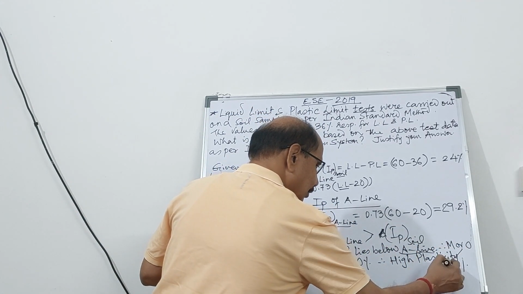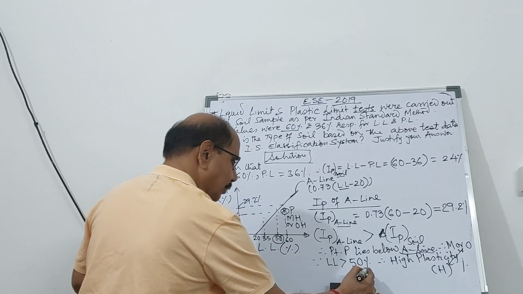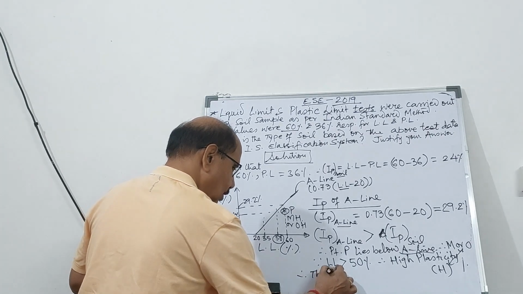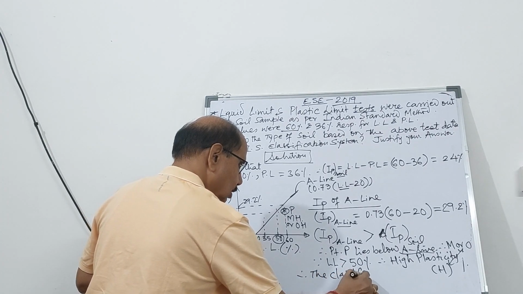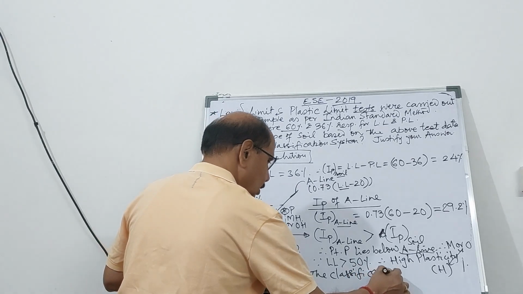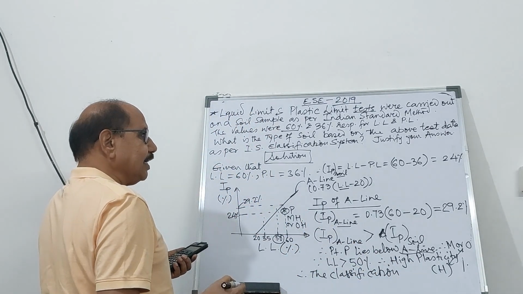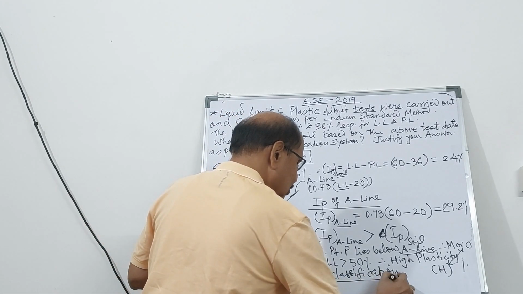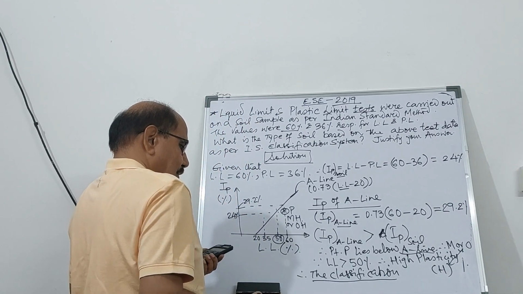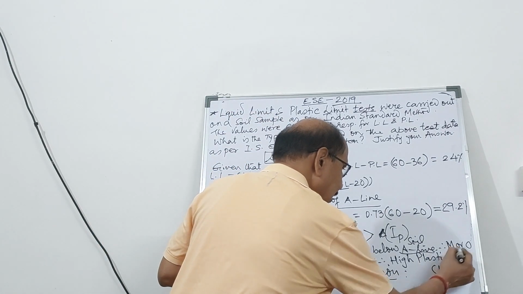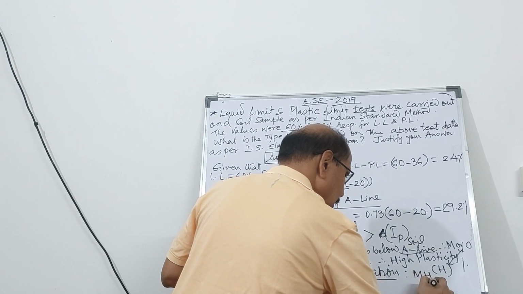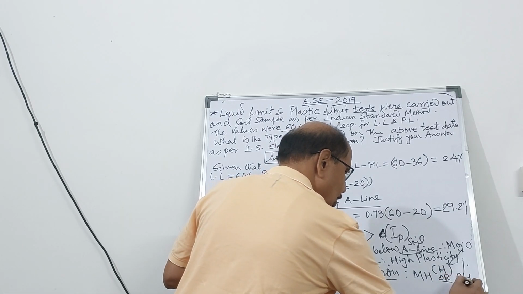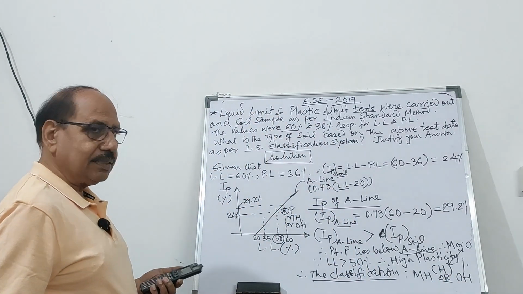Therefore, if you combine, as per the Indian standard plasticity chart or IS soil classification system, the classification will be MH, silt with high plasticity, or organic soil with high plasticity.